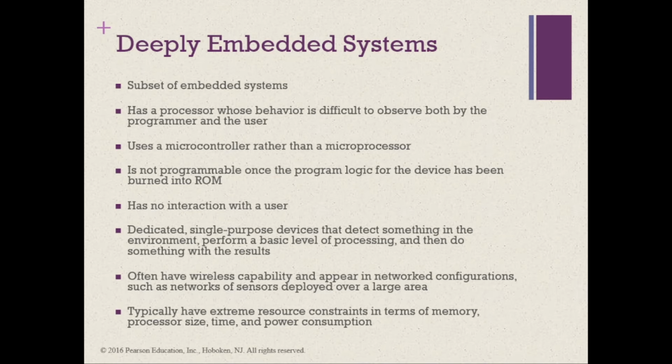Deeply embedded systems often have wireless capability and appear in network configurations, such as networks of sensors deployed over a large area, such as a factory or agricultural field. The Internet of Things depends heavily on deeply embedded systems. Typically, deeply embedded systems have extreme resource constraints in terms of memory, processor size, time, and power consumption.